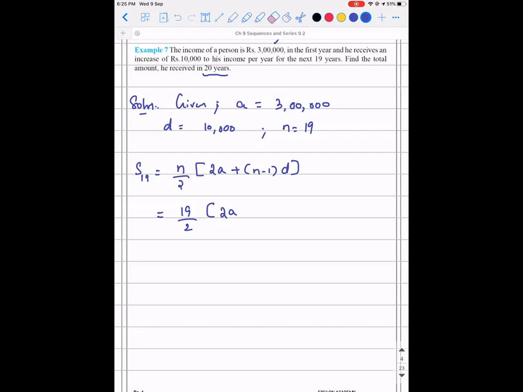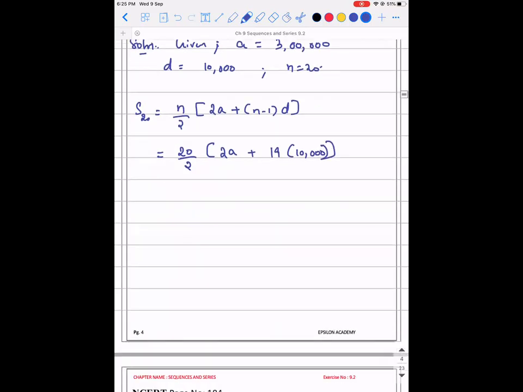We can actually take it as 20. n by 2, that is 20 by 2 into 2a plus 19 into d, d is 10,000. So 2a, that is 6 lakhs.